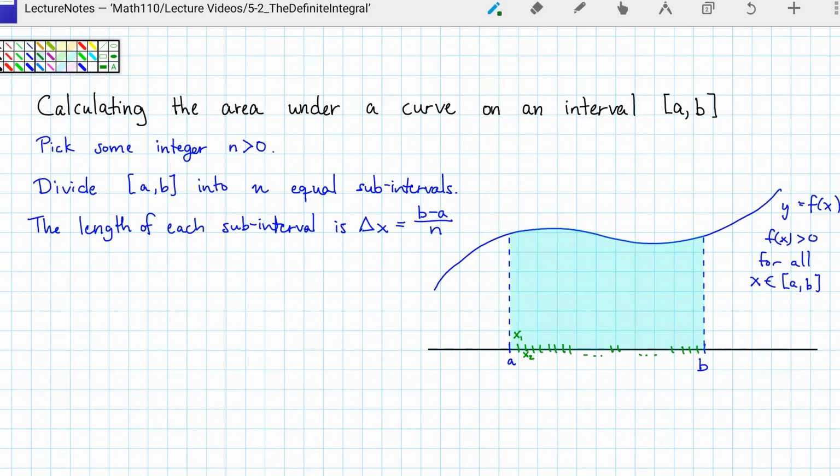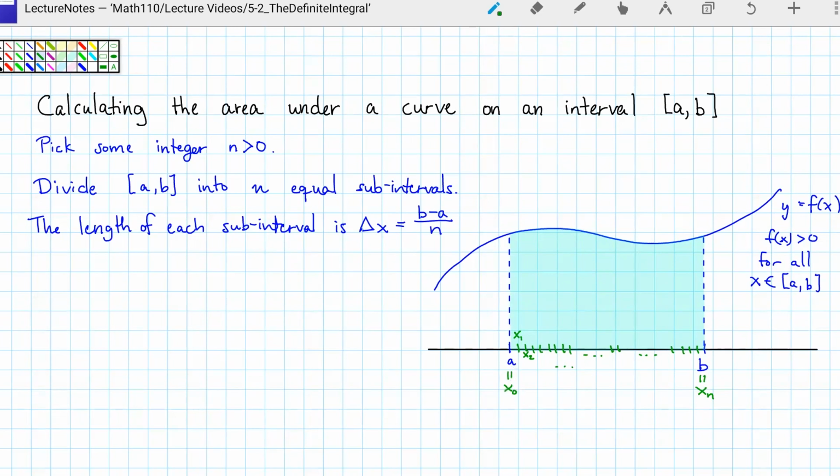And so basically the right end of the subinterval is going to be indexed with the number of what interval it is. Okay, so the first interval has x1 as its right endpoint. The second subinterval has x2 as its right endpoint. And so we go all the way up to the nth subinterval has xn as its right endpoint, and that has to be b. And so we will call a equal to x sub 0.